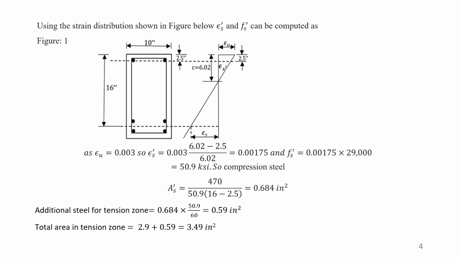In the tension zone, the allowable stress will be 60. That's why the steel required here will be less, and we can find this by proportioning the allowable stress at the top and the allowable stress at the bottom.